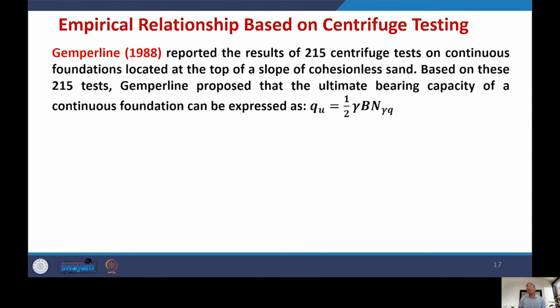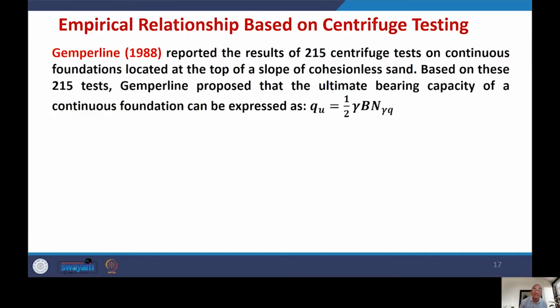One thing is important to understand: while this equation looks very simple, it is assumed here that c is 0. That means this is applicable only for sandy slopes. What Gemperline proposed was based on the results of 215 centrifuge sand tests.